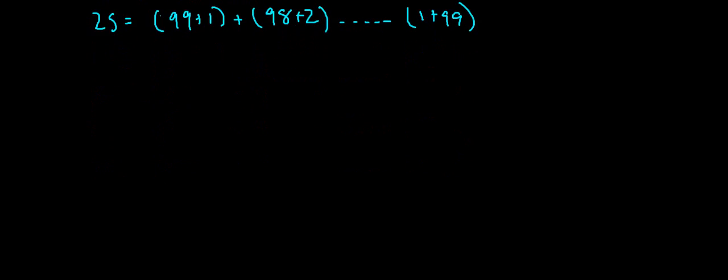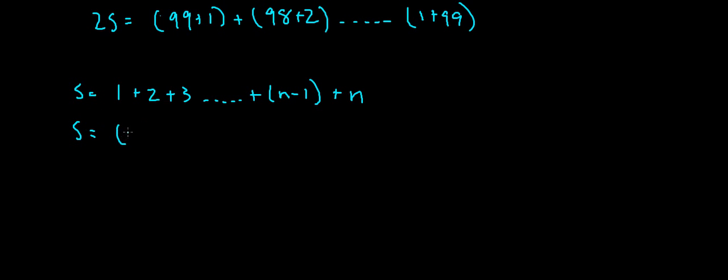So I wrote it out mathematically like this. S is equal to 1 plus 2 plus 3, we'll just leave it at that, plus n minus 1 plus n. And the other sequence, n plus n minus 1 plus n minus 2 plus n minus 3 all the way to 1.